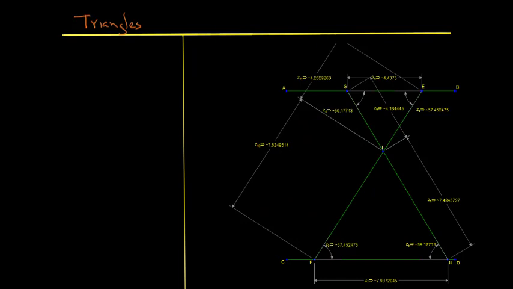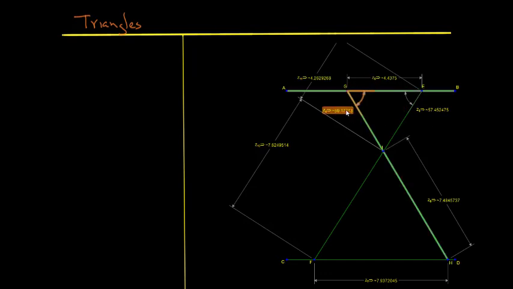All right, we've got it all labeled here. Hopefully you can see these. I realize they are a little messy. I'll clean up a couple of things here. All right, I've got the base of this triangle and the base of this one.